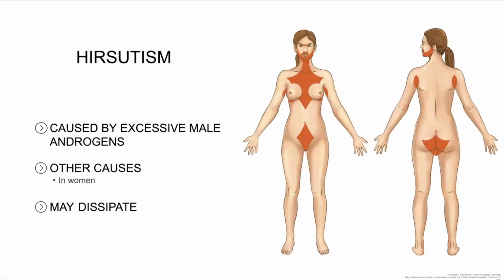This can dissipate over time, and in women, the hair growth may be attributed to hormone imbalances and excessive androgen production secreted from the ovaries or adrenal glands, and even menopause. It may dissipate with time and medical attention. What I want to emphasize here is that the body keeps score. The body knows what to do, it knows when to do it, it knows how to do it.